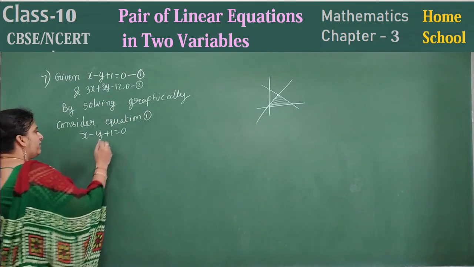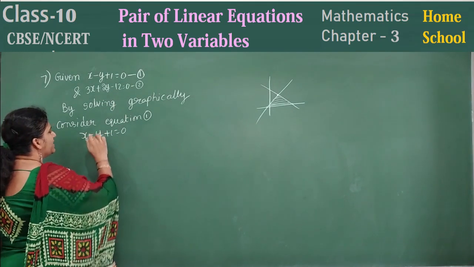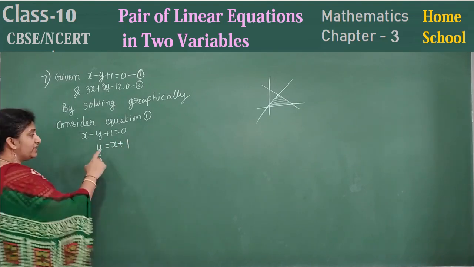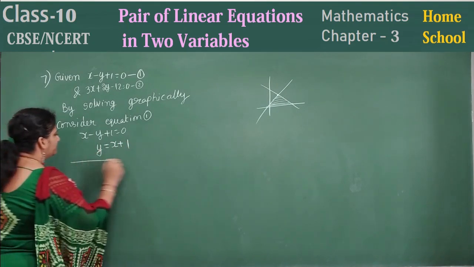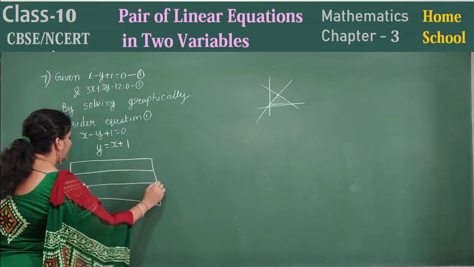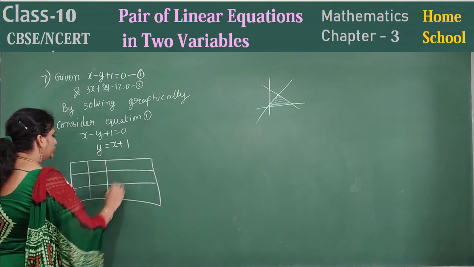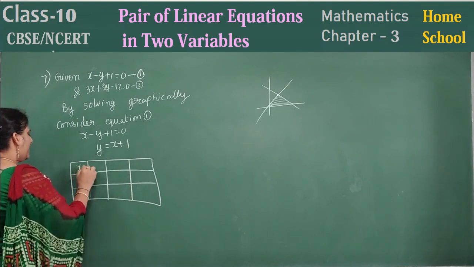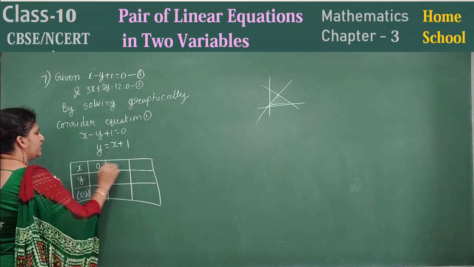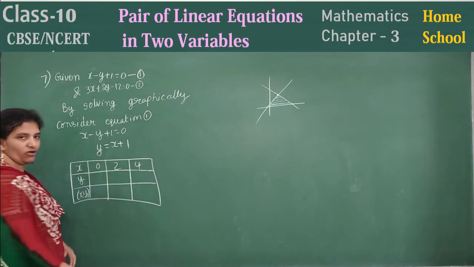So rewrite the equation: minus y, send this side, y is equal to x plus 1. Okay, for this form a table: x, y, (x, y). 0 to 4 I will take coordinates.